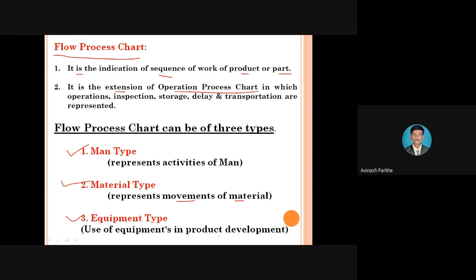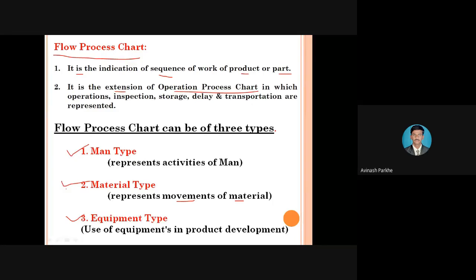After the boring, if it is going for facing, threading, chamfering, or some final finishing is required, all the movements performed by the equipment will be represented by using this equipment type of flow process chart. So these are the three types: man type, material type, and equipment type.